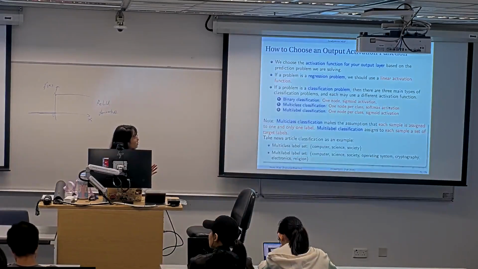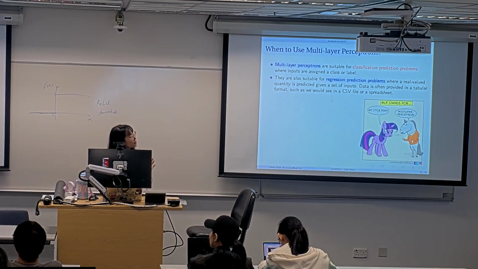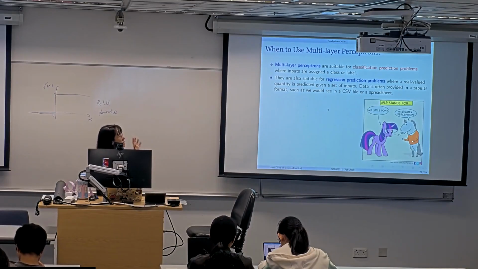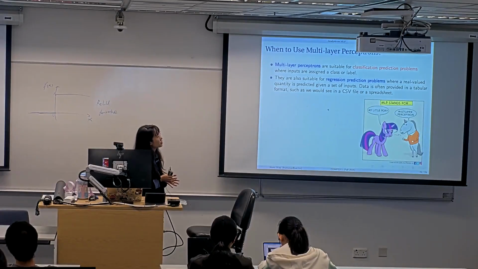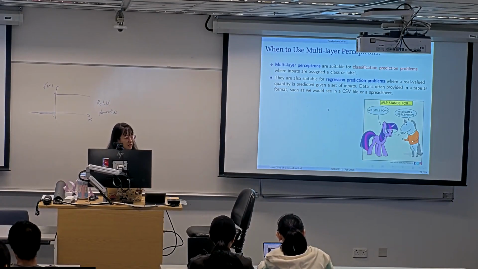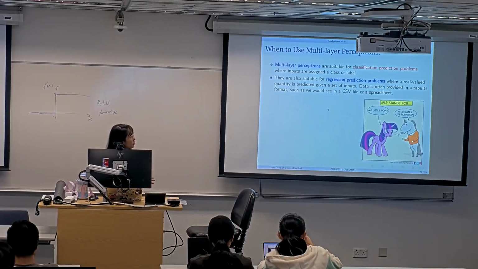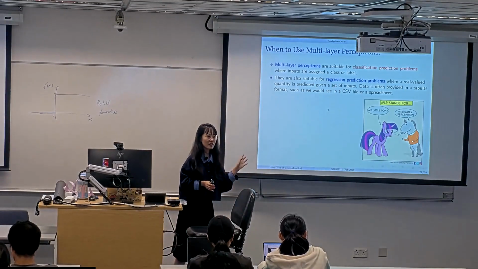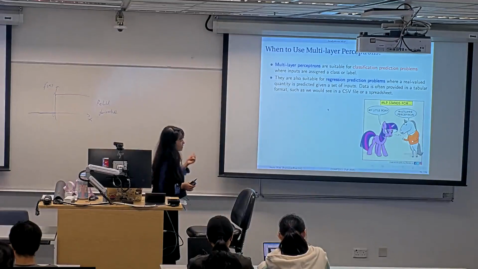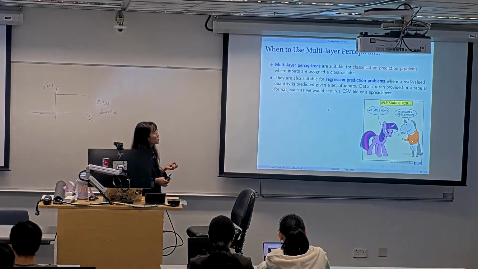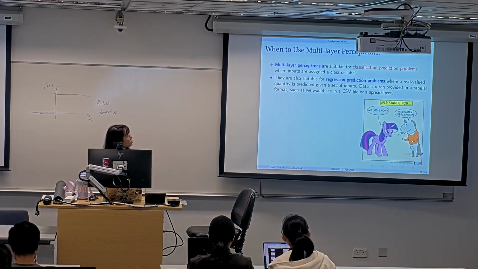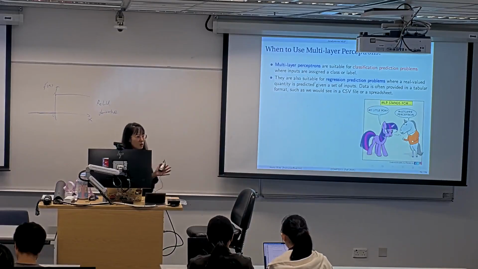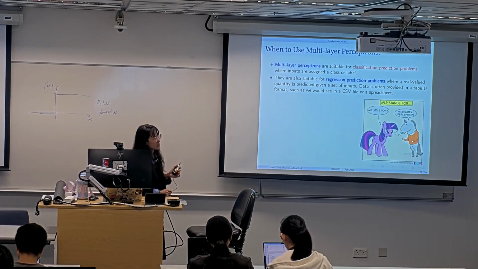Great. If no question, our very last question would be when to use the multi-layer perceptron. They are suitable for classification prediction problems where the inputs are assigned a class or a label. This is what we have used as examples in the lectures. In our lectures, the XOR logic relation and also the handwritten digit recognition, we all used them as classification. But note that MLPs are also suitable for regression prediction problems.